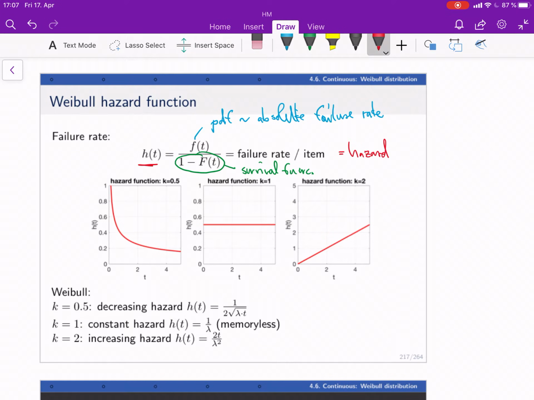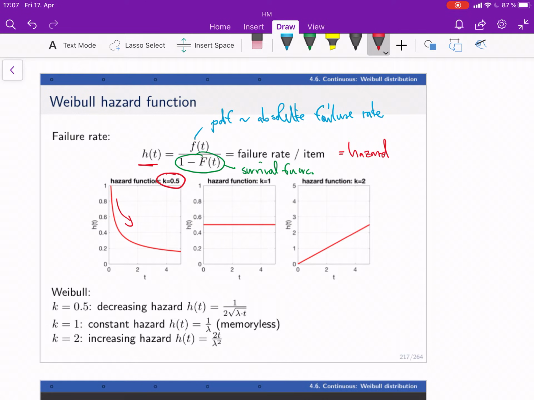And if we look at k equals 0.5, like the first one that came steep down from infinity, we can see that the hazard is going down as well. So that means in our system an individual part is very likely to break early on, and then it's less and less likely.